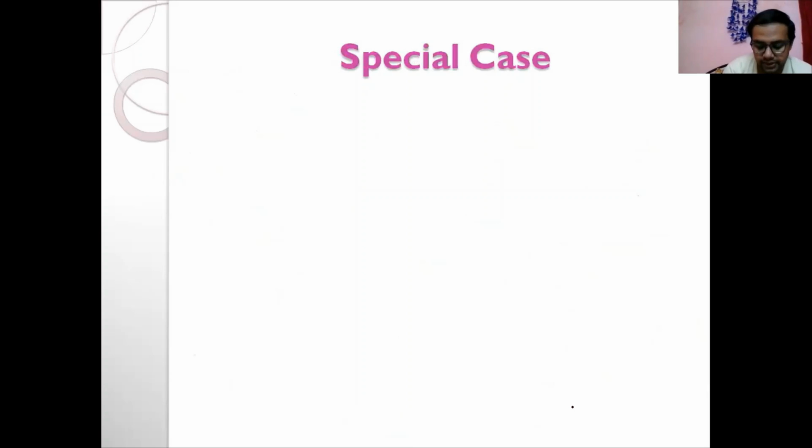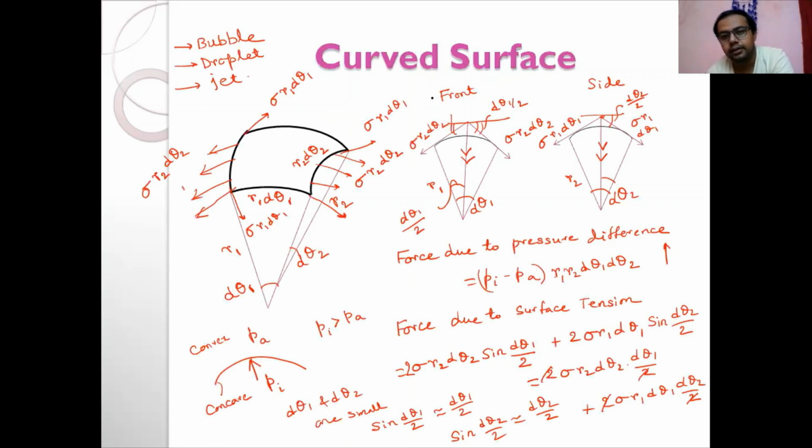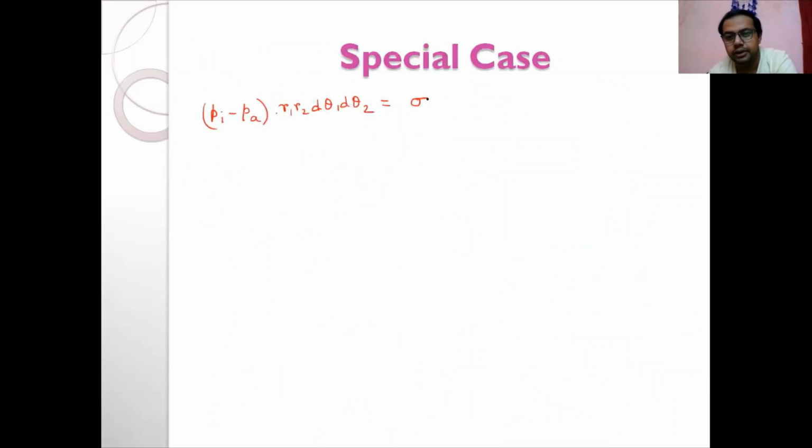The force due to pressure difference is (PI minus PA), internal pressure minus outer pressure, into R1 R2 d theta 1 d theta 2, and this should be equal to sigma R2 d theta 1 d theta 2 plus sigma R1 d theta 1 d theta 2.